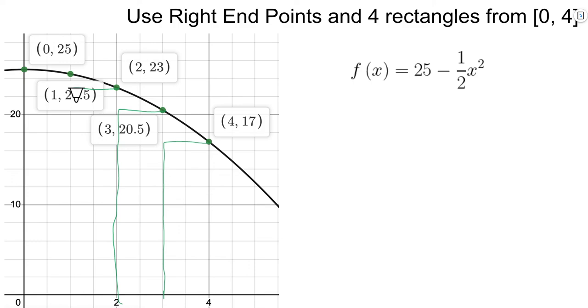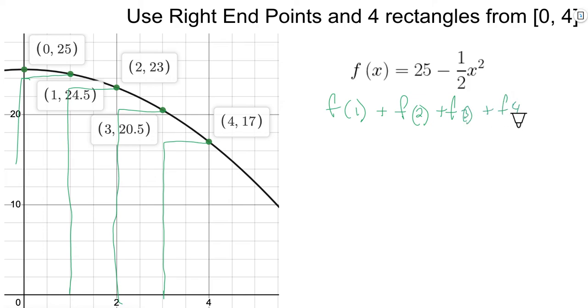This one goes from the right end, and then this one goes from the right end. And so notice we're doing the function value at 1, plus the function value at 2, plus the function value at 3, plus the function value at 4. That's going to be the heights we use for our rectangles.